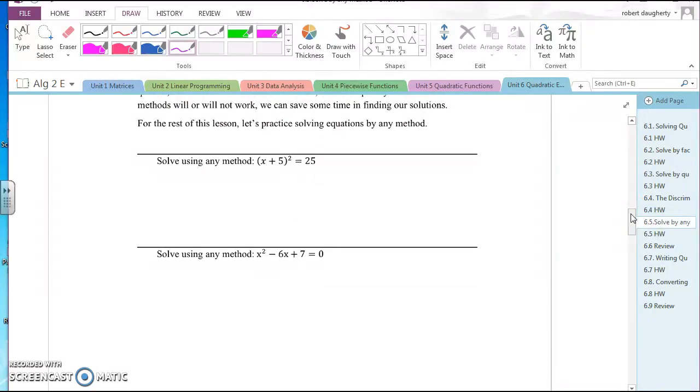In this case, this one is handed to you on a silver platter: something squared equal 25. I'm going to solve this by taking the square root of both sides, okay? So this equation is just begging for you to take the square root of both sides.